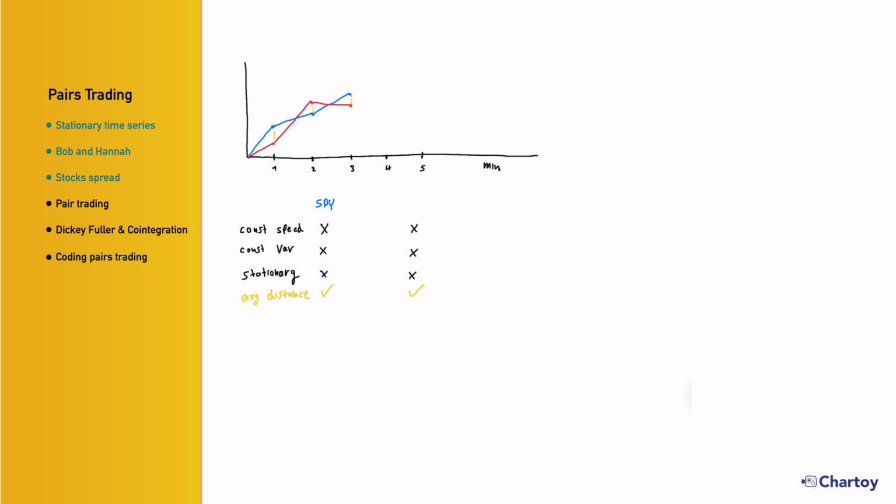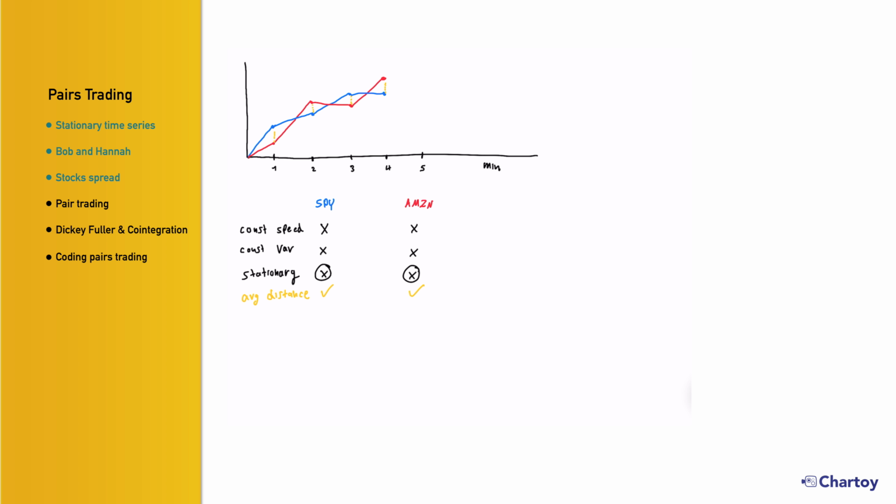So let's say we have SPY and Amazon. Each one of these two shares moves at its own pace, it has its own speed, but the spread or the distance between them stays the same.